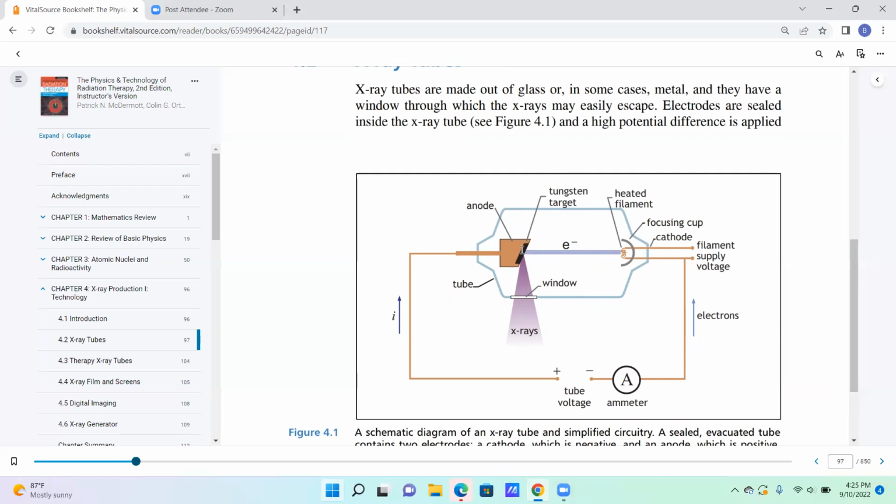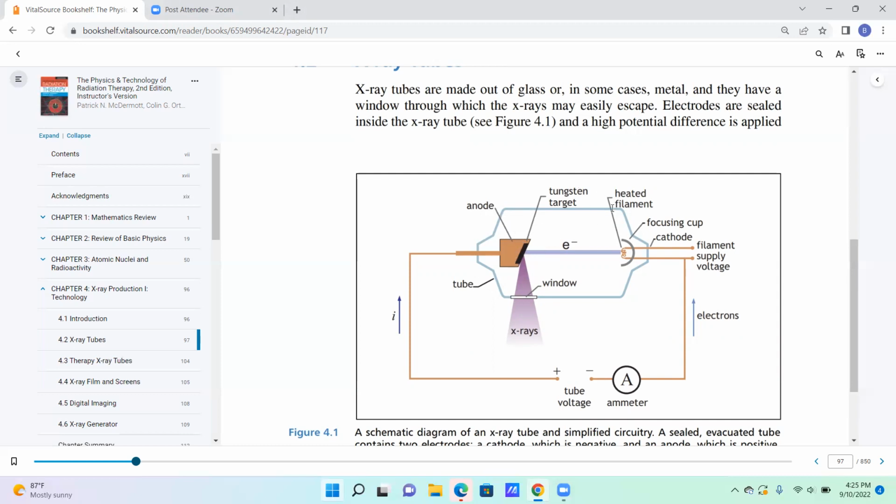Once it comes here and hits this target, you see a slowdown of these electrons, and that slowdown causes energy in the form of photons to be emitted. They're pretty much emitted in any direction, but they're going to get stopped by this or that, stopped somewhat by the target itself, maybe by some of the material around the target.